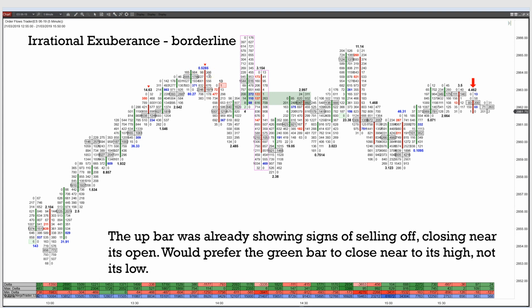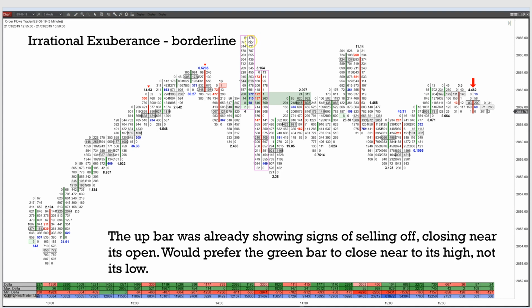I'll say engulfing pattern, but it's an outside bar already, so it's already closing below the low, which is a bearish sign. Then you get this bar right here, 15,000 contracts traded. But again, it's not the type where it closes up near its high. It's already sort of reversing, and then obviously you get the big down bar here. Again, on very heavy volume, big negative delta, but this is not really what I would consider irrational exuberance.